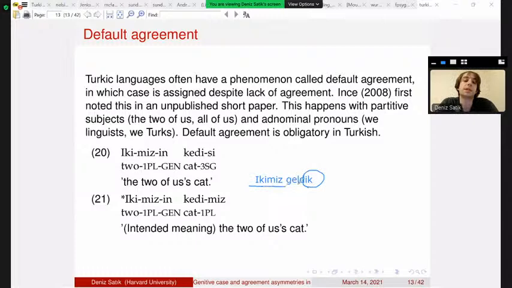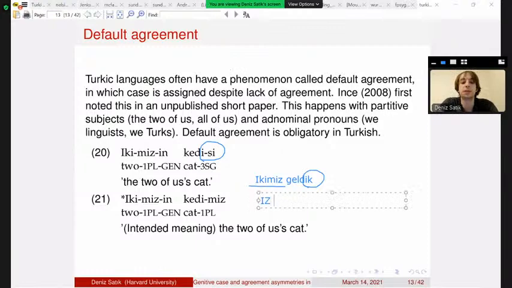And this indicates that the phi features of the partitive construction are first person plural. It does have phi features, but they just cannot be replicated on the head noun when genitive case is present. You can get it with nominative case, but not genitive case. So why is that?